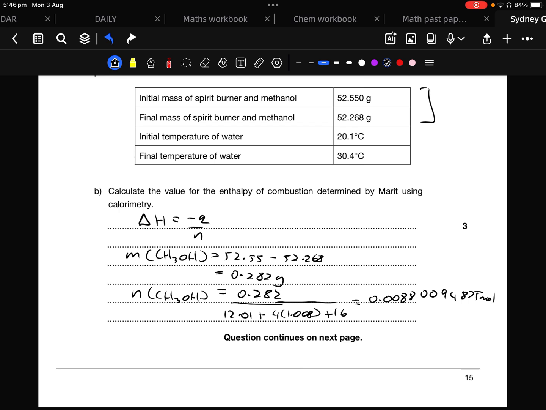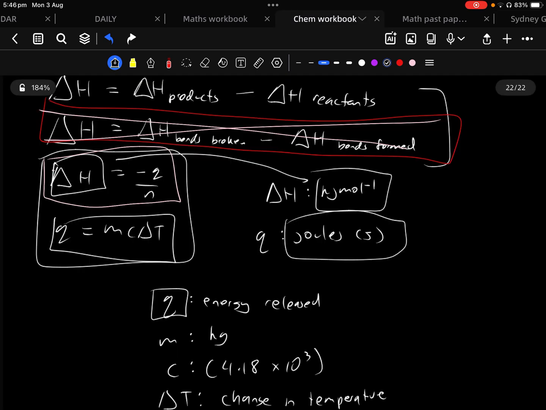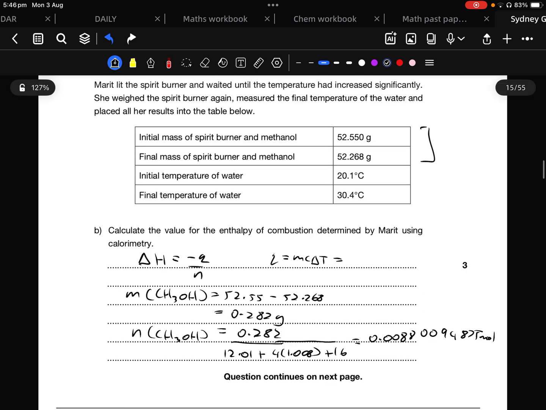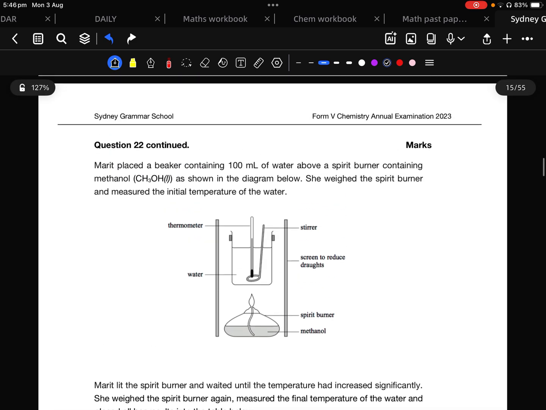Now we've got our amount of moles, now we need to calculate our Q. So over here, Q equals mcΔT. We know the mass of water used, 0.1 kilos.